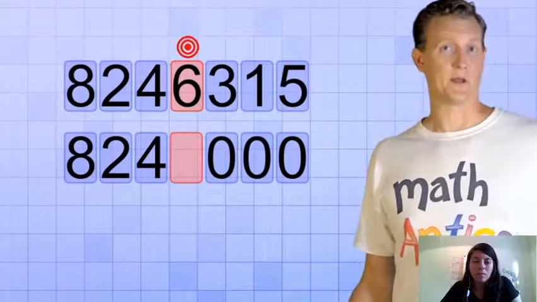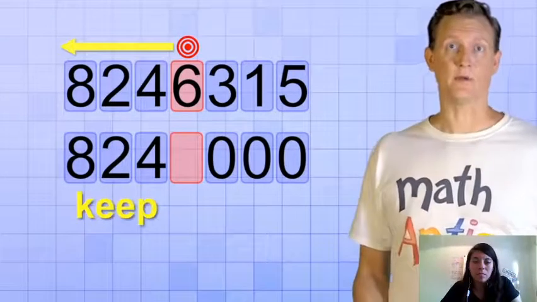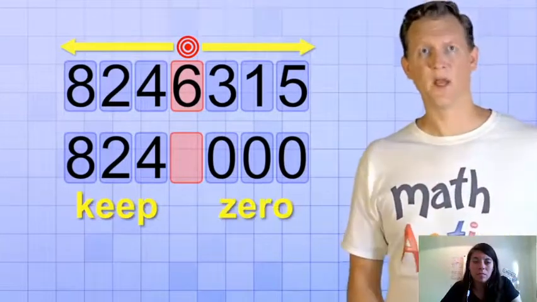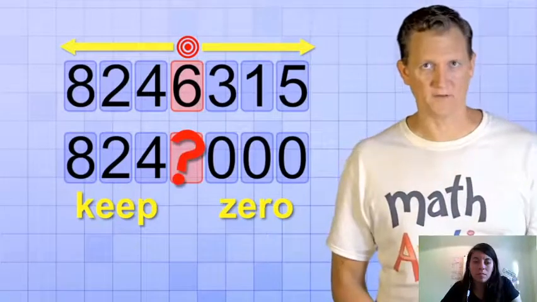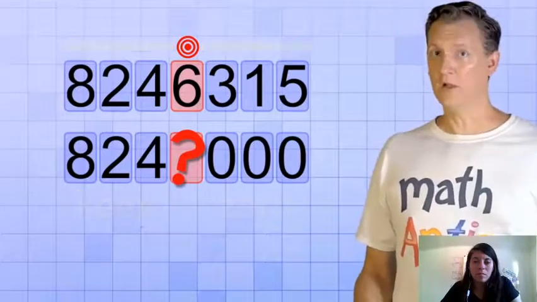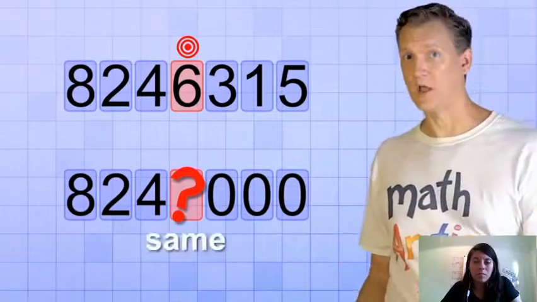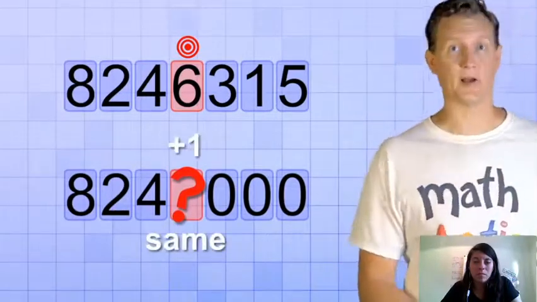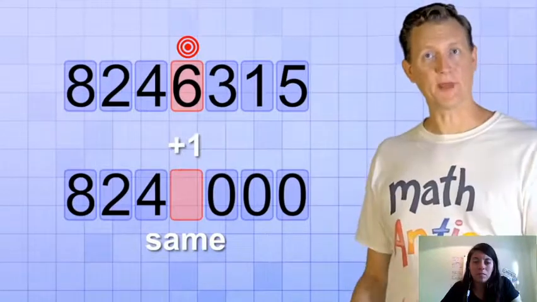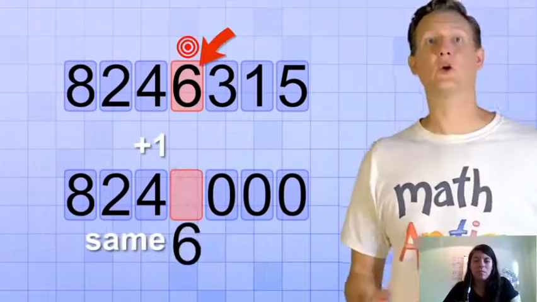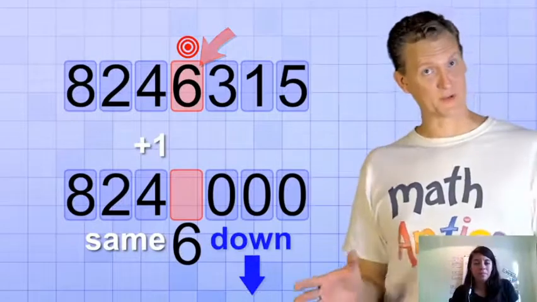So that seems pretty simple. All the bigger digits you keep, and all the smaller digits you zero. But what about that target digit itself? What do we do with that? Well, we're going to do one of two things. We're either going to keep that digit the same, or we're going to increase it by 1. If we keep that target digit the same, that's called rounding down, which might seem strange at first.